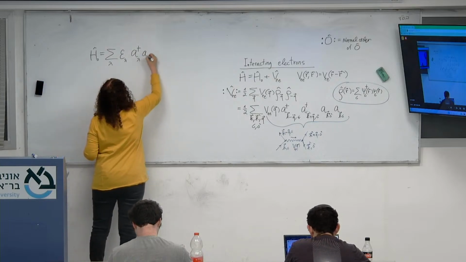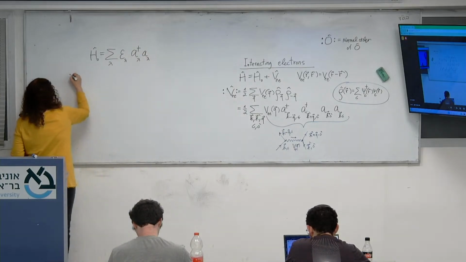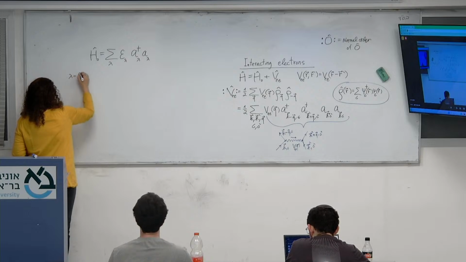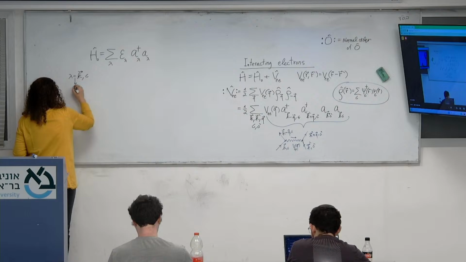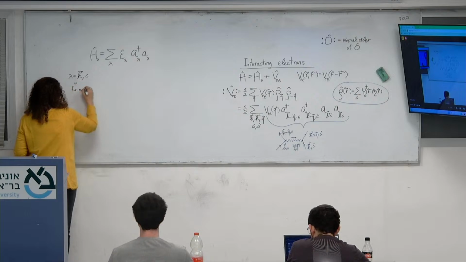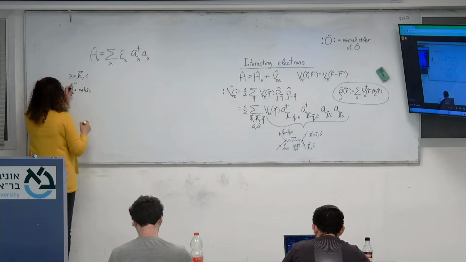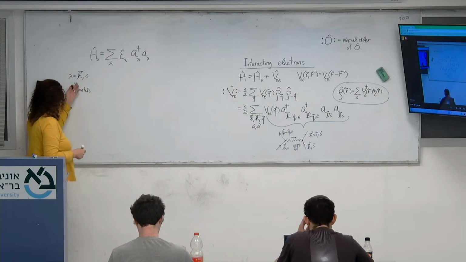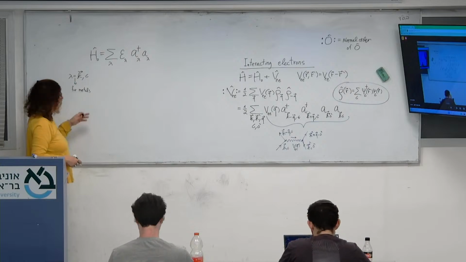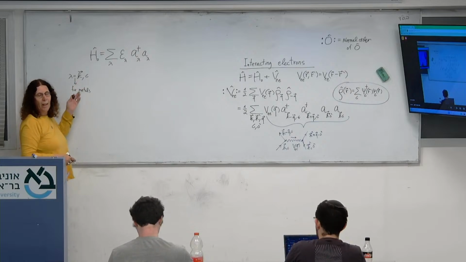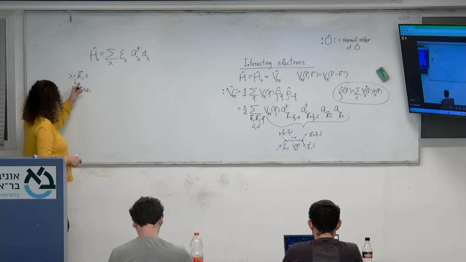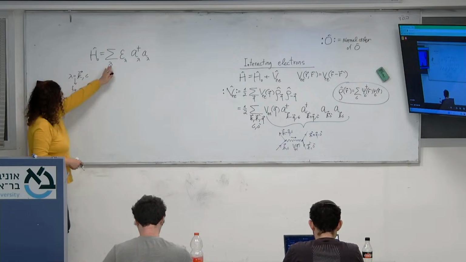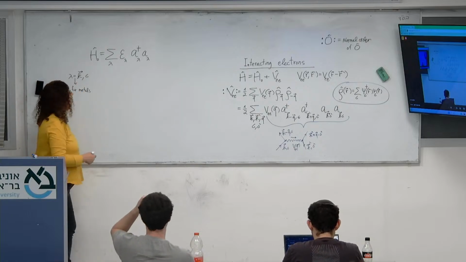And lambda, if you like, for metals it's going to be k and sigma, or actually, for any clean crystal, lambda is k and sigma.